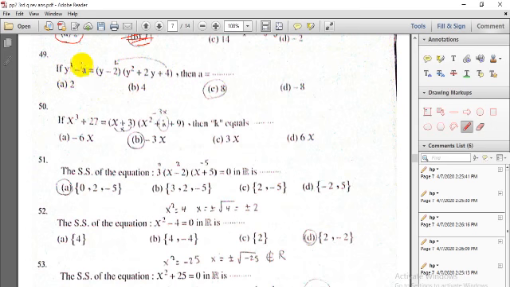Which number power 3, if I take its cubic root, will give me 2? I make here the opposite. So the cubic root of 8 will give me 2. So it's 8. Very good.